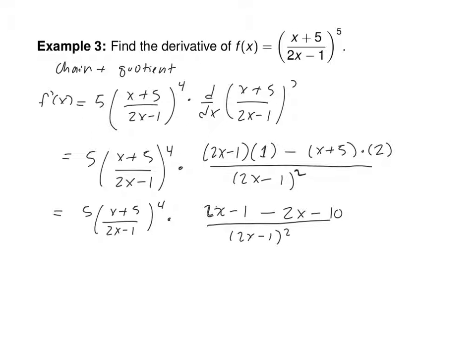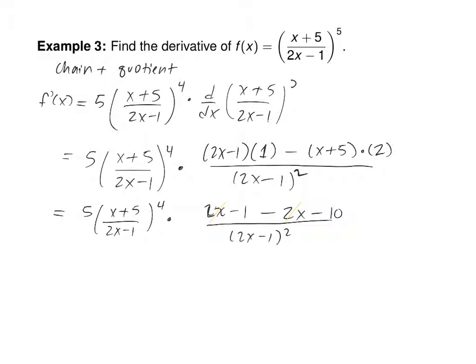Do you agree? Okay. What happens to the two x's? They cancel. So let's just cross them off lightly. So in the numerator you have negative 11.